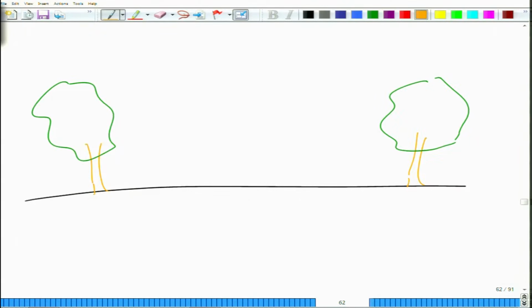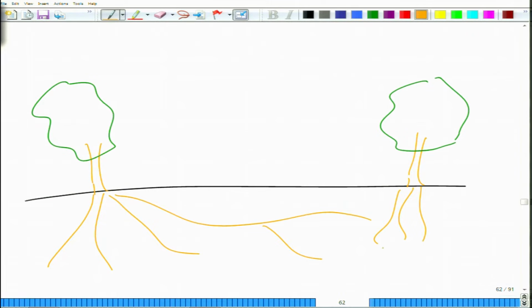But then it is quite possible that the roots of the first tree are so long and so vigorously growing that they are tapping into the water that is available to the second tree. And if that situation occurs, then we would say that there is one tree that is getting a benefit and another tree that is getting a harm.